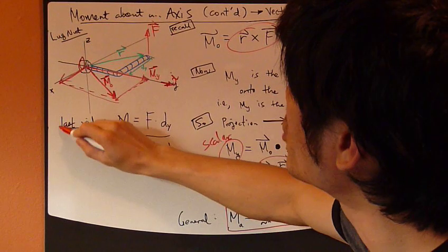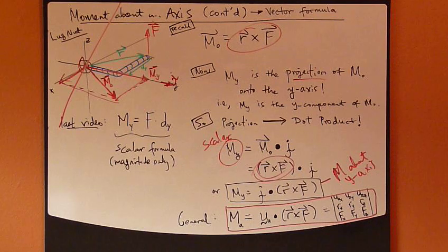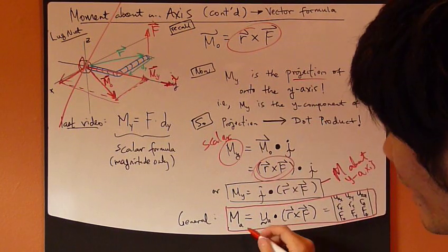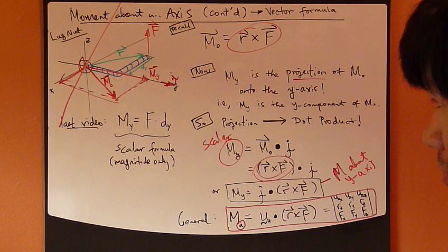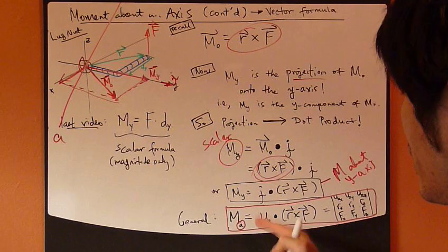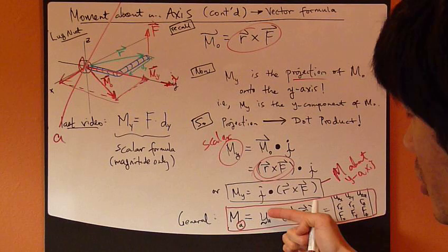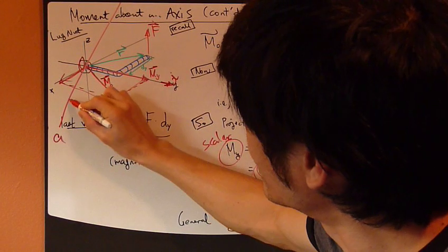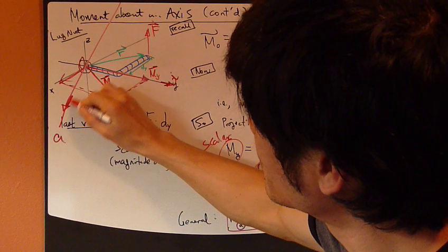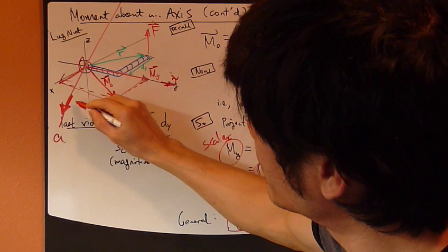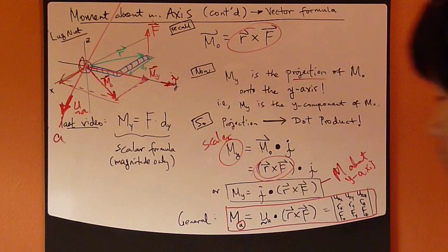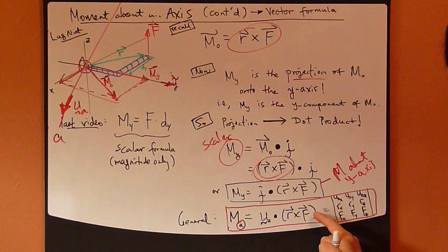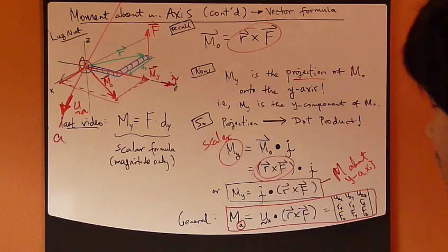So the moment of a force about any general axis A equals the unit vector u of this A axis, pointing along this A axis, dotted with r cross F. That's it.